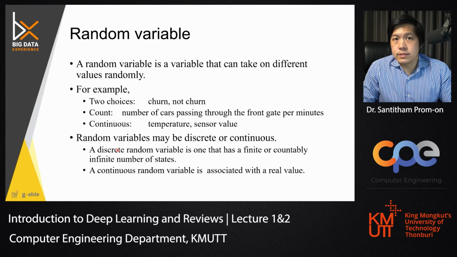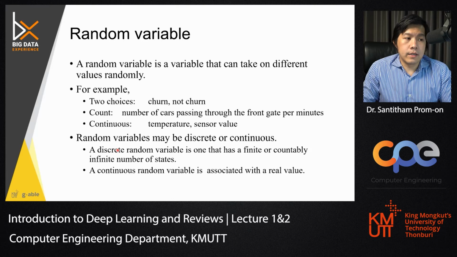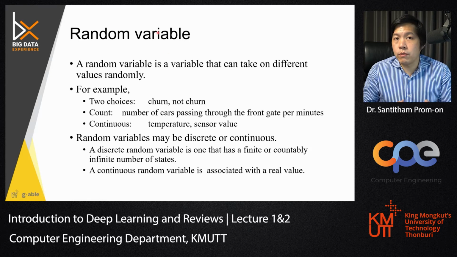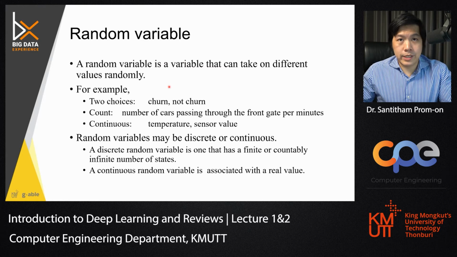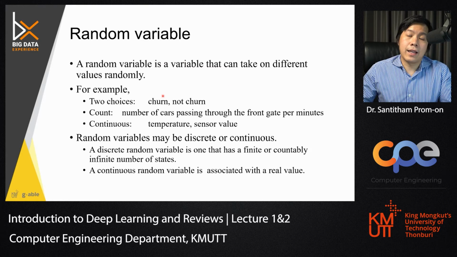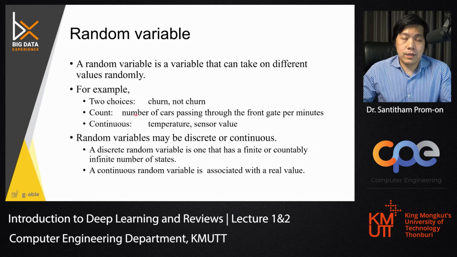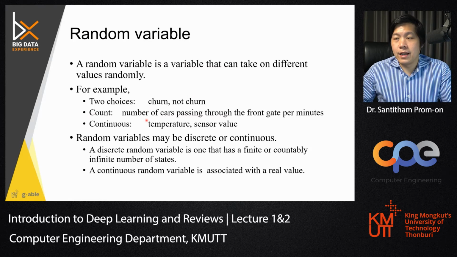When you have events that have probability associated with them, and those events can produce values, we call those processes that produce values random variables. A random variable is a process that can generate different values. It can be a two-choice outcome, like churn and unchurn.